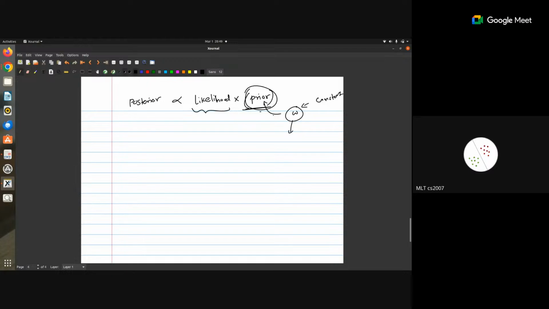If your data has some kind of distribution for W, and I add this prior into the picture, then the posterior gives a Bayesian estimator. In this Bayesian estimator, we treat W as a variable. In the maximum likelihood approach, we treat W as a constant.